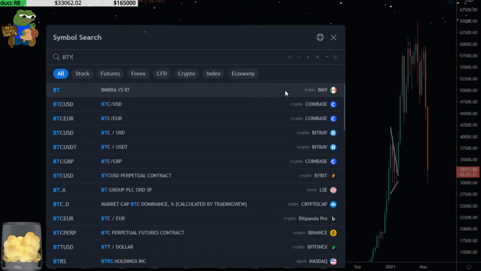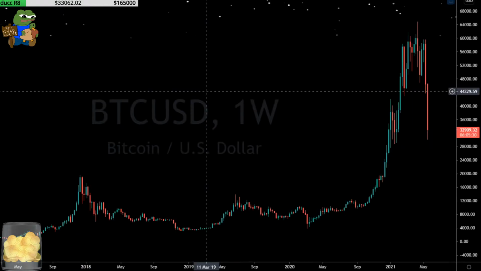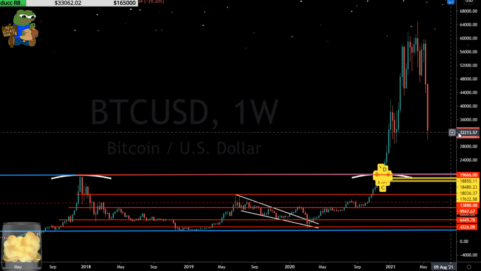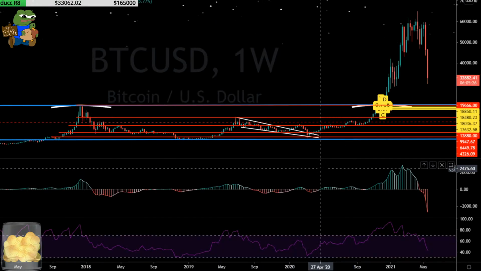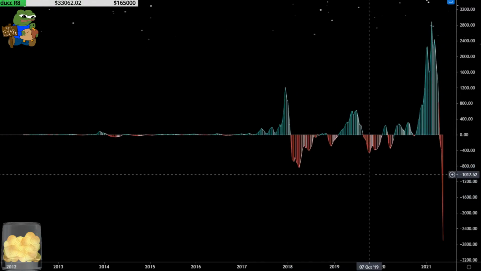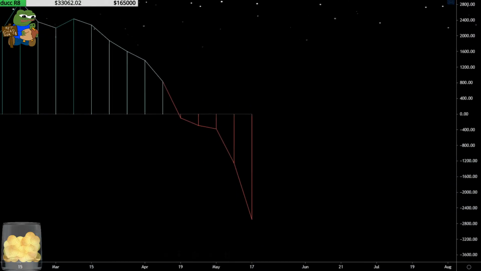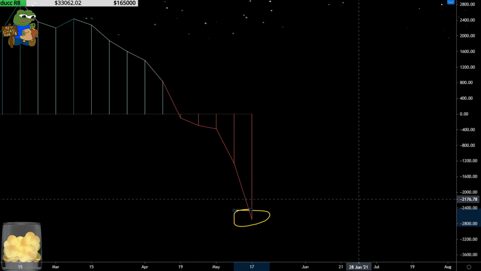Let's check it on Bitstamp. Yeah, I mean, the highest levels of negative momentum basically ever on Bitcoin.